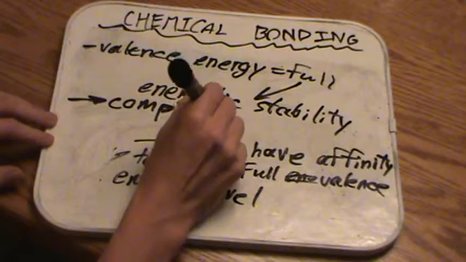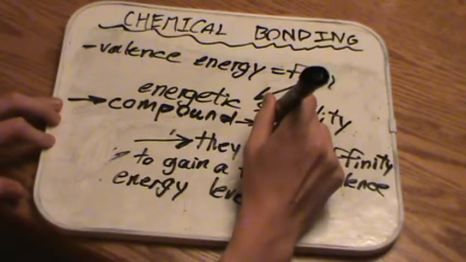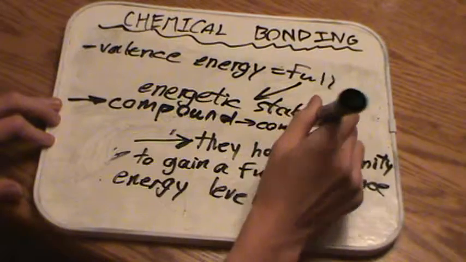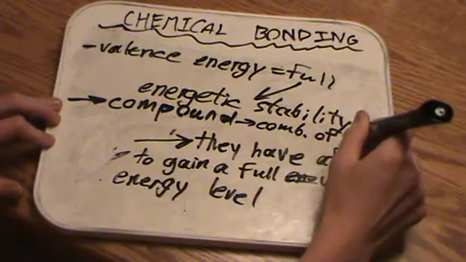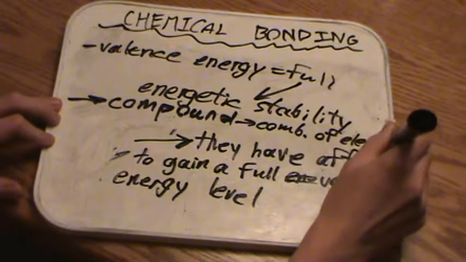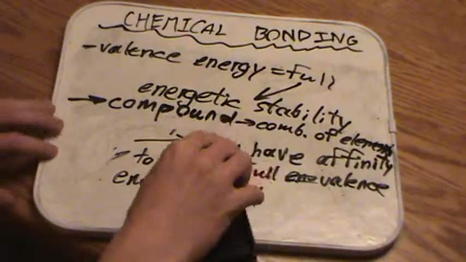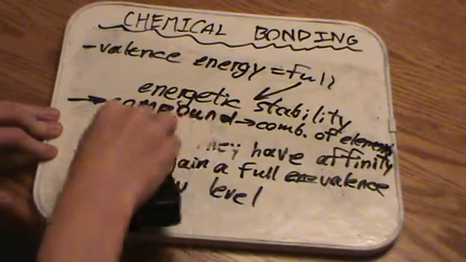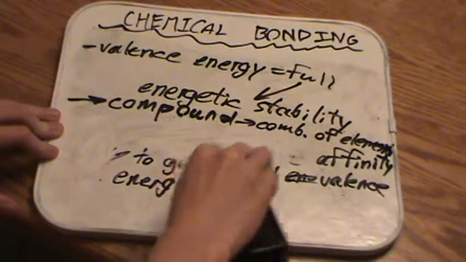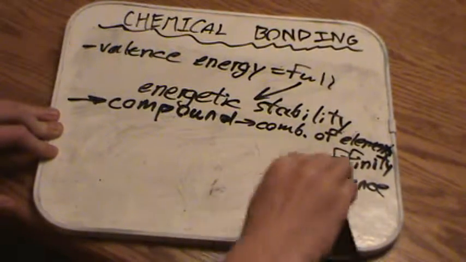A compound is made up of a combination of elements, which are the fundamental units of any sort of species of hydrogen or helium or any other matter.